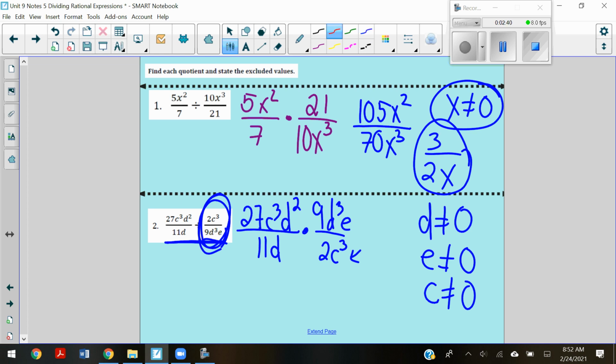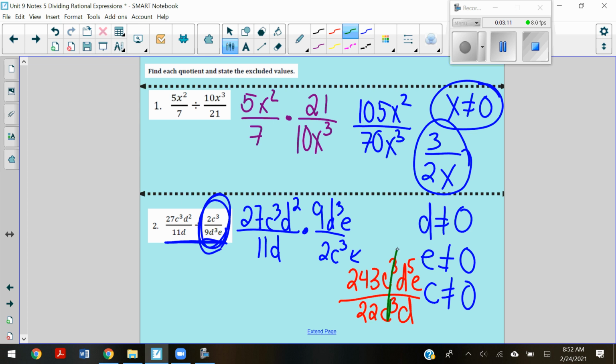All right, so let's go ahead and multiply your numerators, and you get 27 times 9 turns into 243. All right, we have a c cubed, d to the 5th, and an e. And then in the denominator, we get 22 c cubed and a single d. So my c cubes are going to cancel.